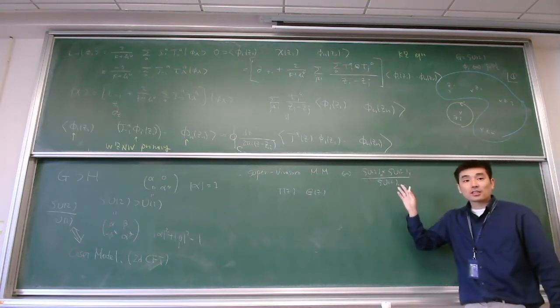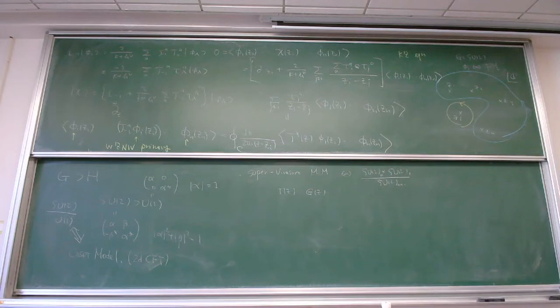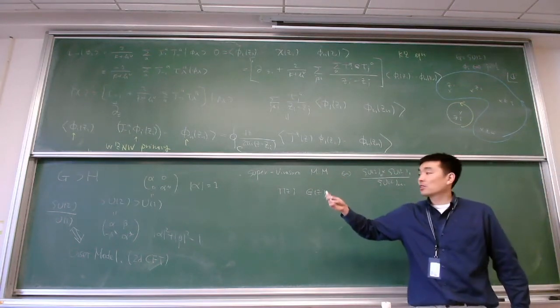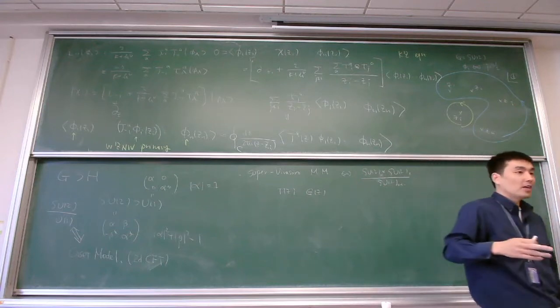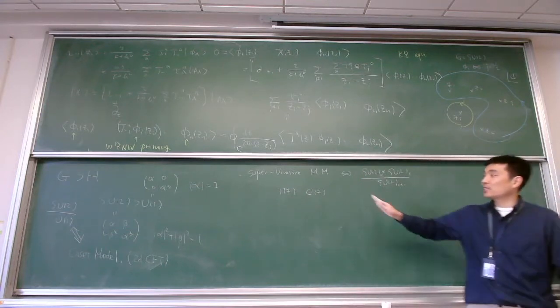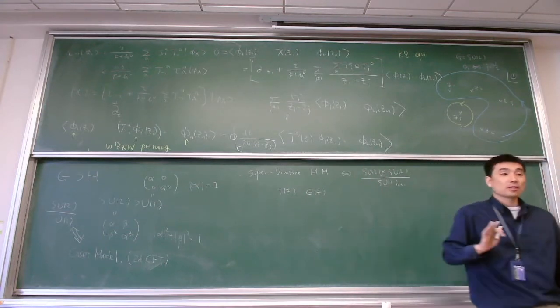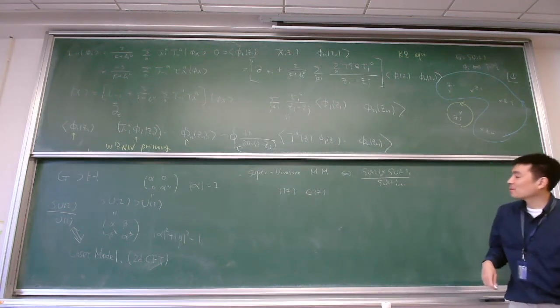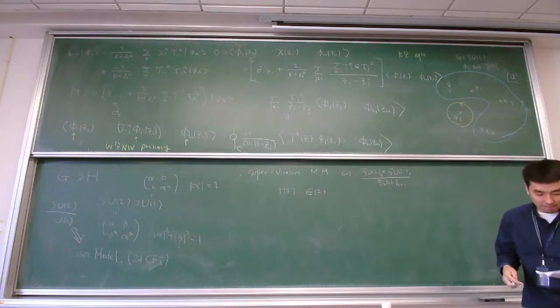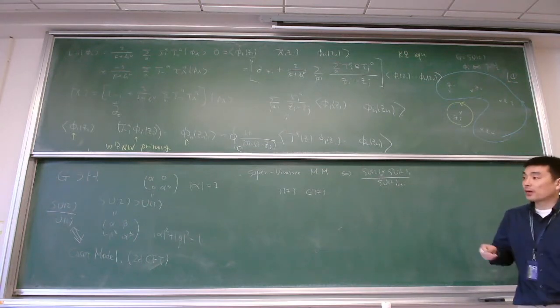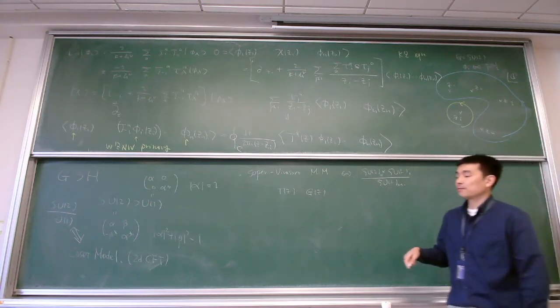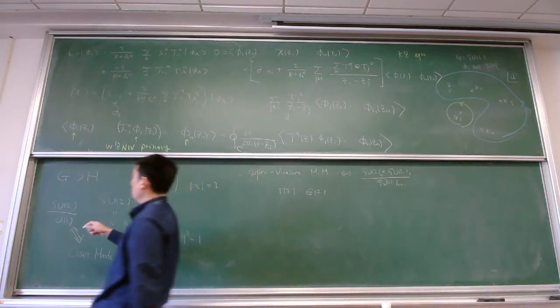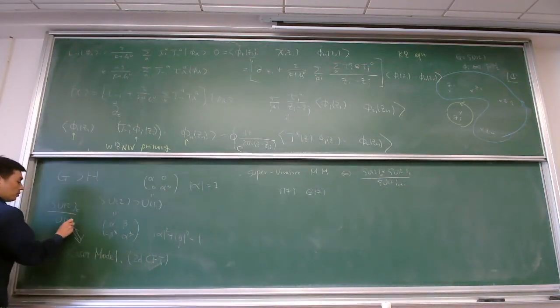You can construct the coset model for the minimal model, so it's equivalent, as a 2D CFT, to the super Virasoro minimal model. This is a bit more sophisticated, but it also plays a role in condensed matter physics.